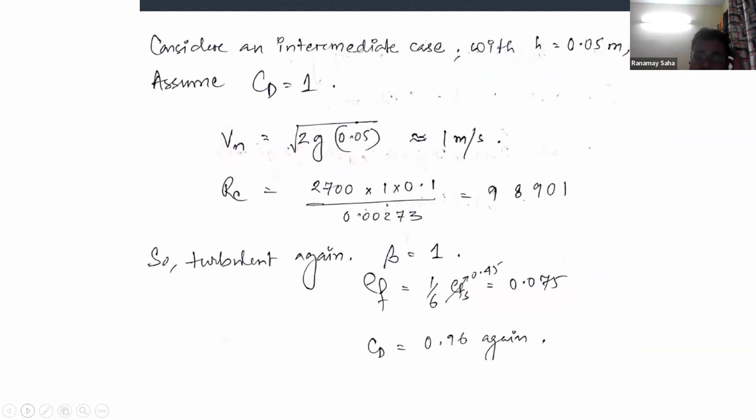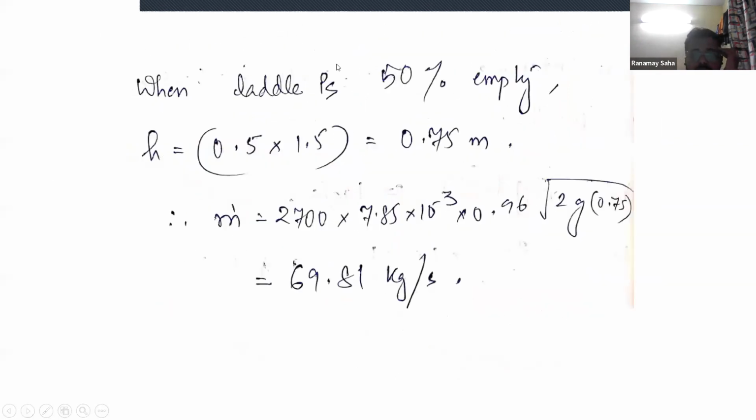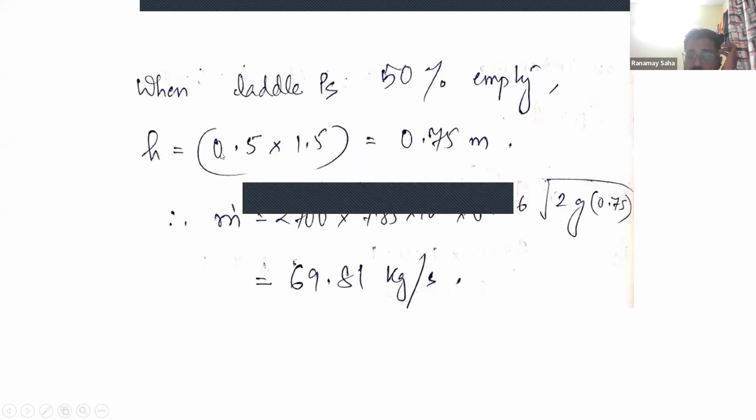So we have done it here. The density remains the same, and 0.96 is the CD, and root 2g, with height becoming half because the ladle is now half filled.